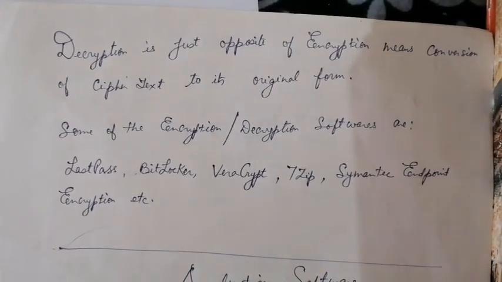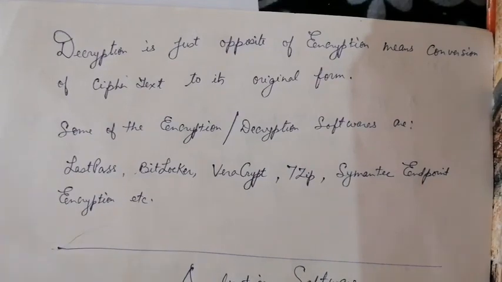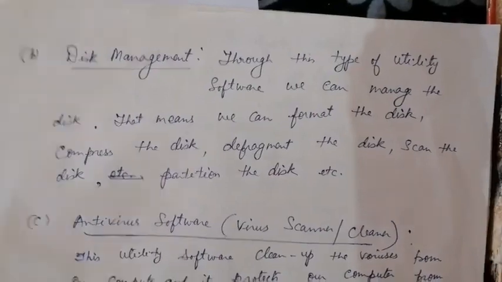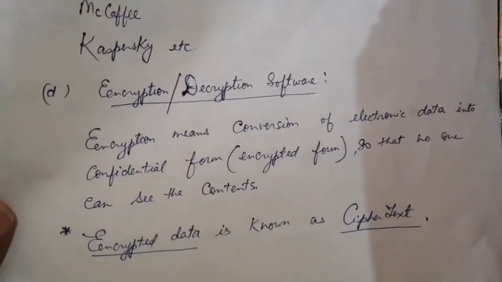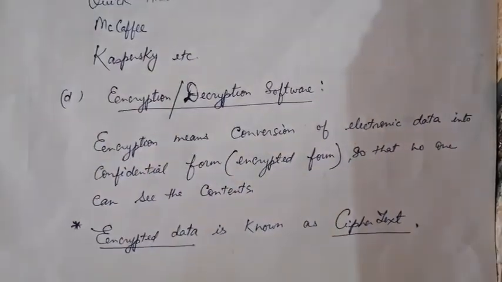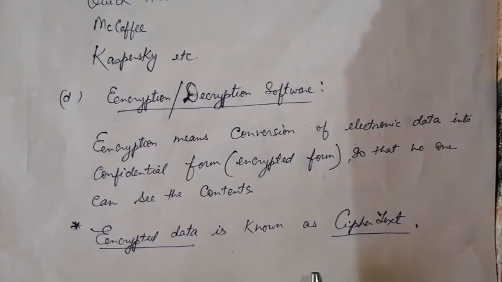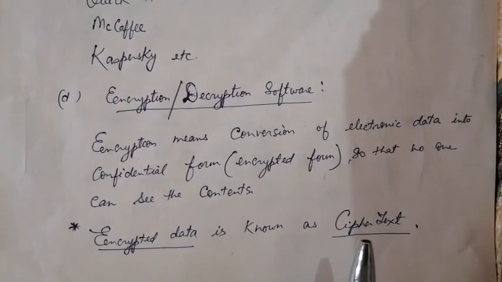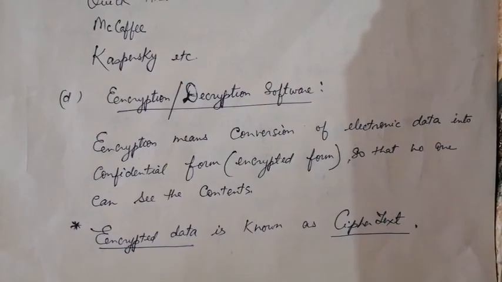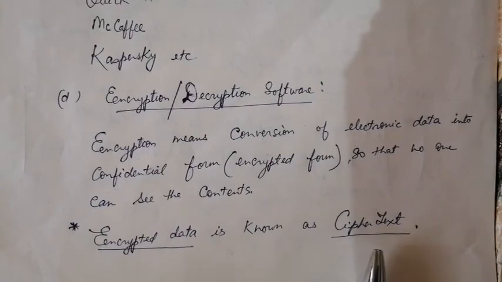Now in your exams, objective questions come about ciphertext, C-I-P-H-E-R text. What is ciphertext? It comes under encryption decryption software. When we encrypt the data by the help of encryption software, that encrypted data is known as ciphertext, which no one is able to read.